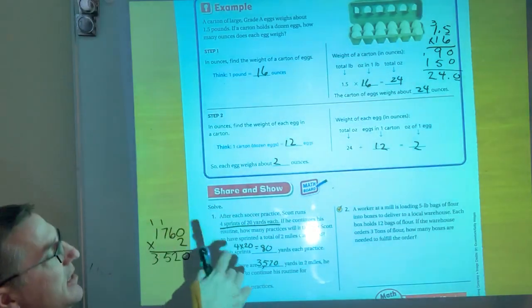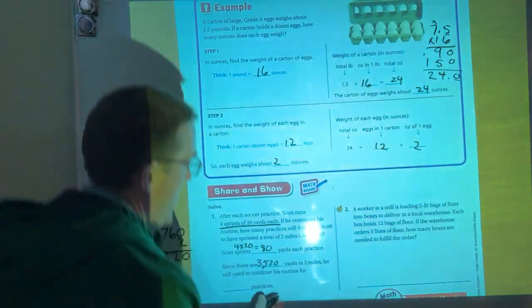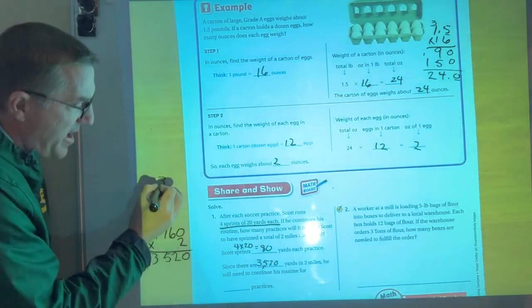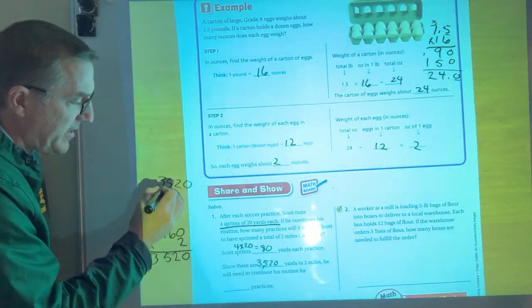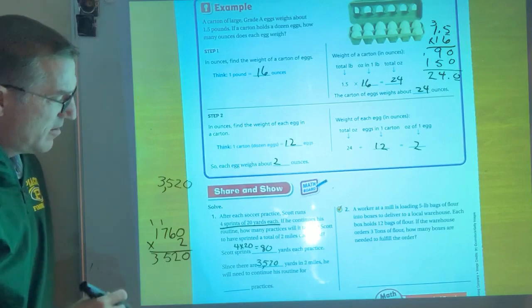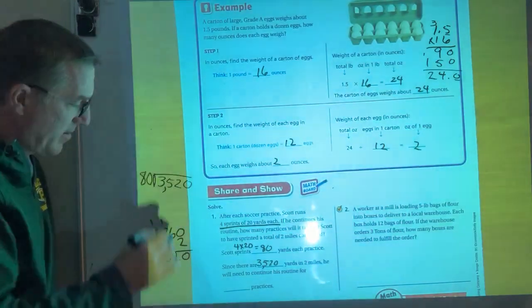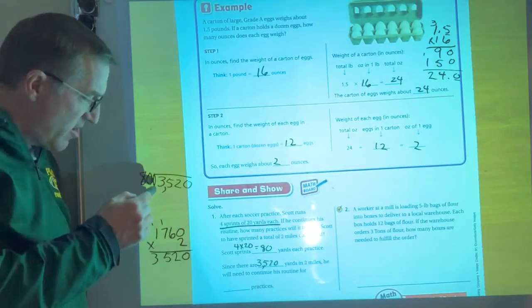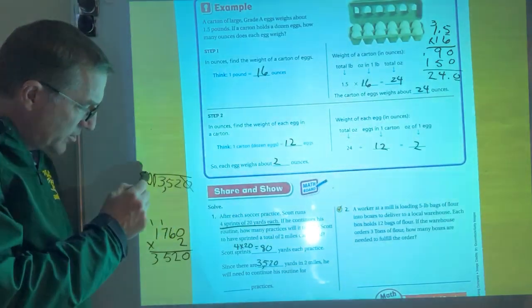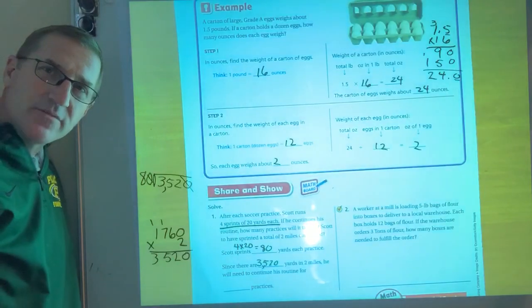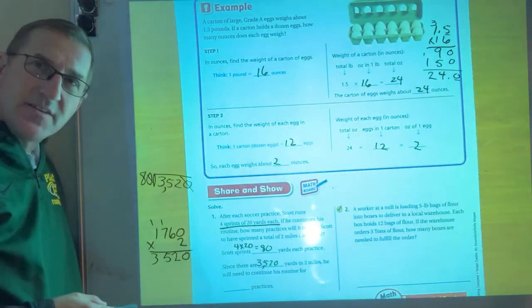You can see, I'm going to do it right up here. 3,520. All right. And I'm going to divide that by 80. And what can I do with my zeros? I can just knock those bad boys off, and then divide 352 by 8.